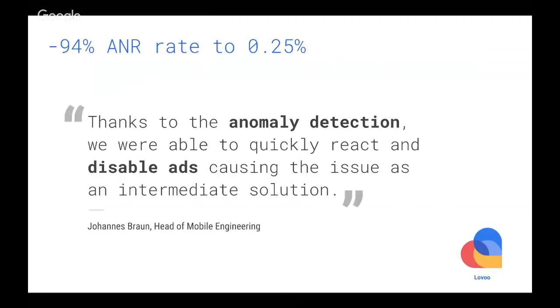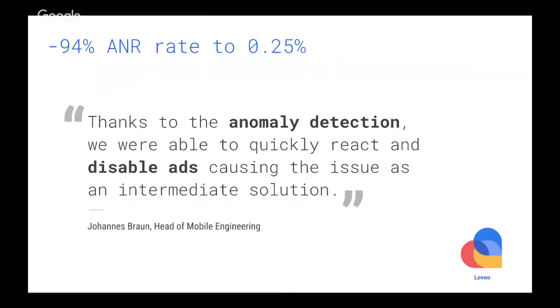We can see here that the Lovu team experienced an ANR rate increase of 94%, and then was able to quickly disable an ads SDK that was causing that issue and reduce their ANR rate again, after shipping an updated version of the APK.